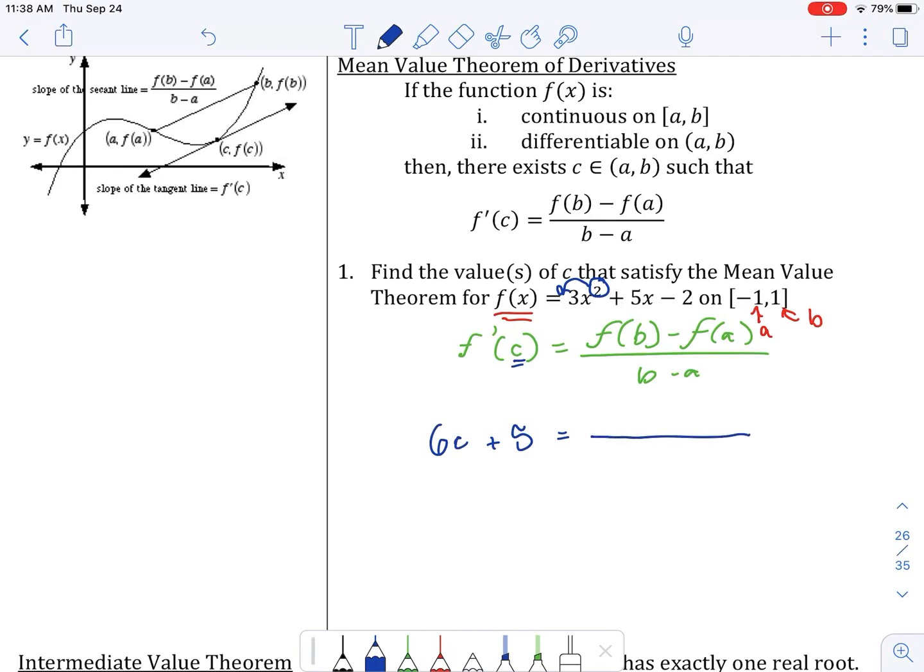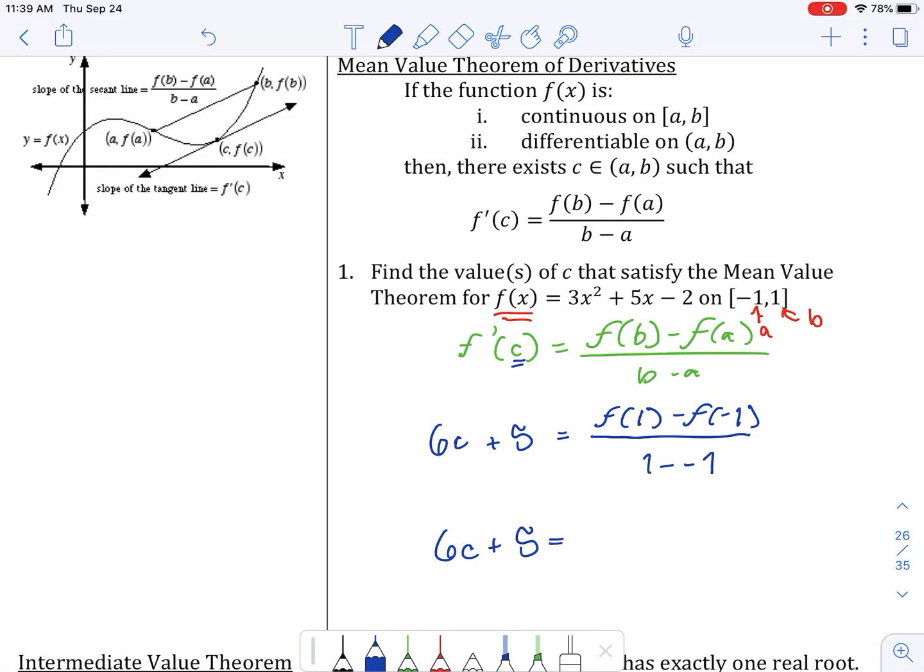And then on the other side, we get f of 1 minus f of negative 1 over 1 minus negative 1. Now, this side's always going to be just a nice constant because the interval is a constant. And so what we're going to do is just plug in negative 1 and 1 to this function to plug them into the formula.